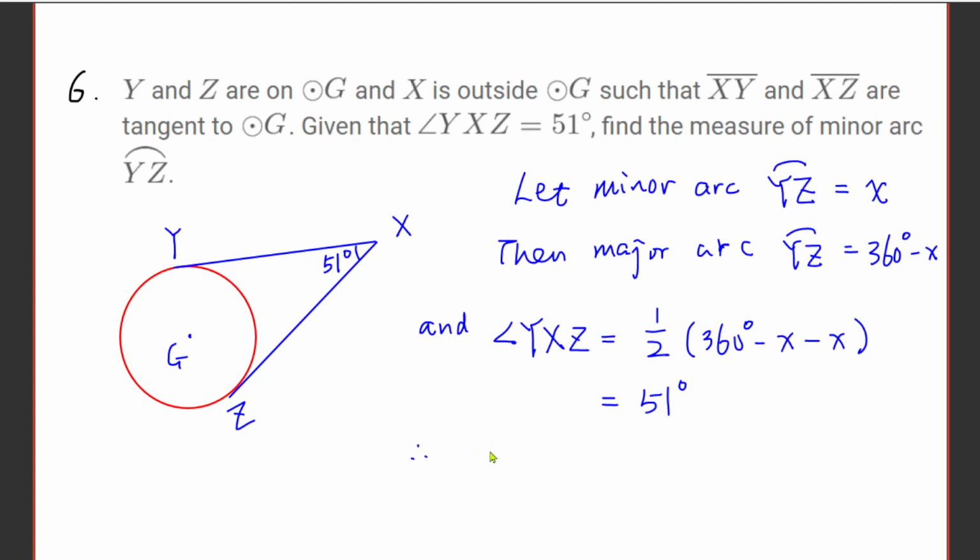Therefore we know 51 degrees equals 180 degrees minus x. Therefore we know x equals 129 degrees, right? Okay, have a look at the solution here. Any questions, just let me know, okay?